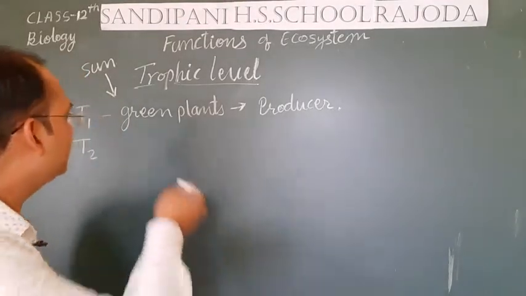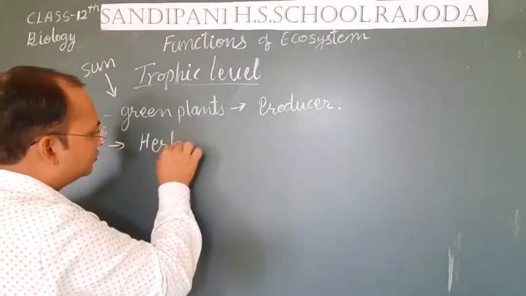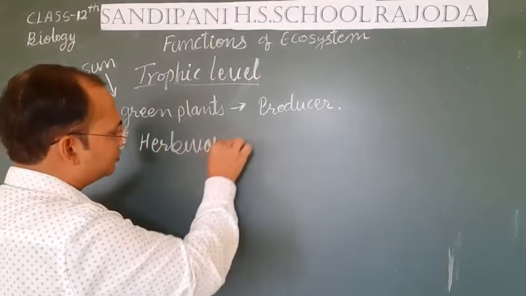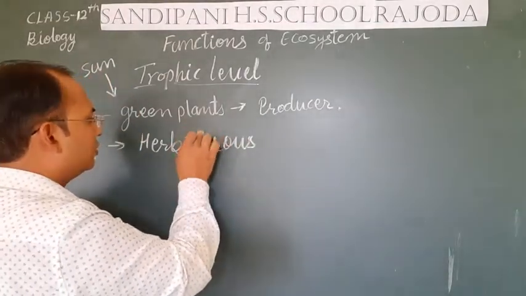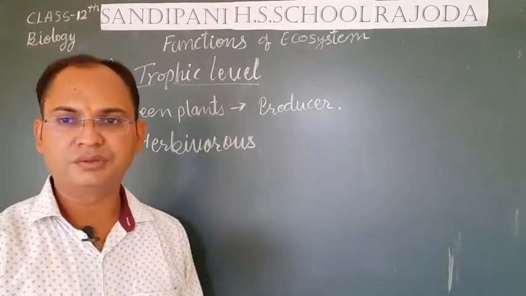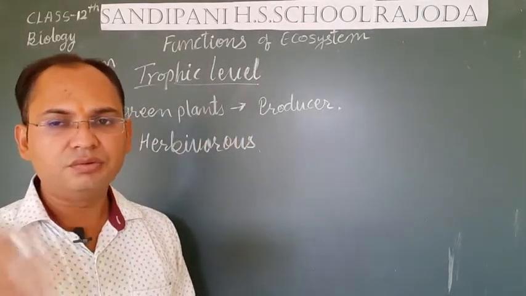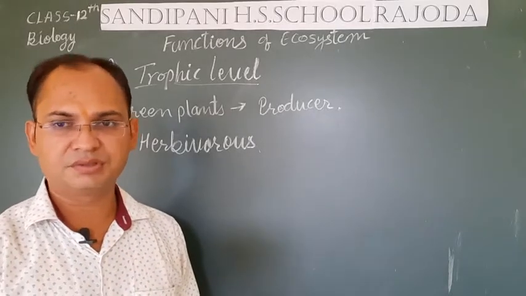So, in the second trophic level, we include all herbivores, just like cow, buffalo, goat, etc., who only eat the plants and their plant products.